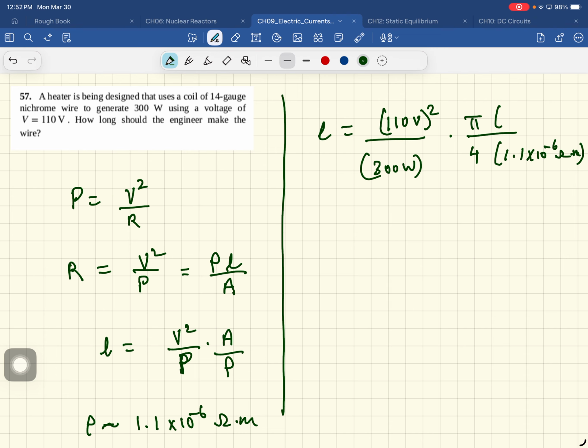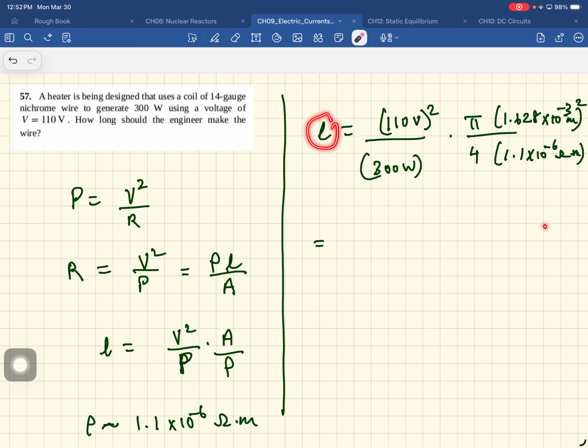Diameter of 14 gauge wire is 1.628 millimeters. So everything in SI units, so the length will work out in meters.